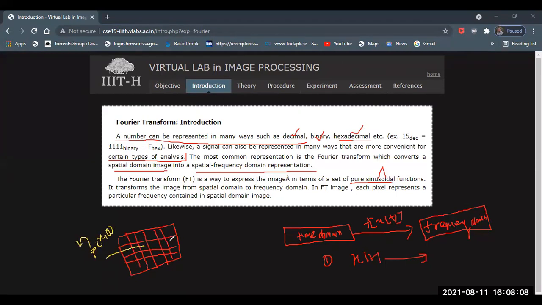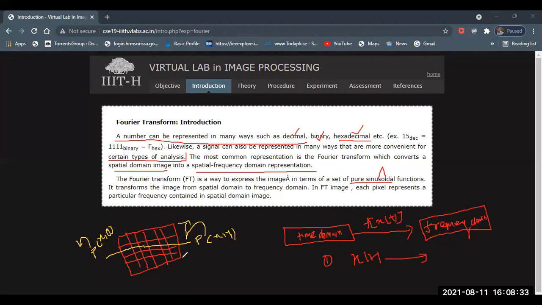But what happens in the frequency domain? Now each pixel P represents a particular frequency contained in the spatial domain. I can say this coordinate x and y will represent a particular frequency.